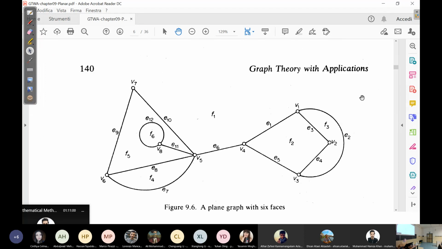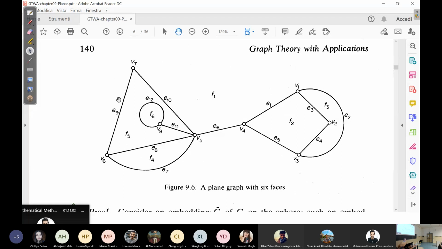So 9.6 is here. This is a plane graph, and the faces are F1, which is all around here, the exterior, unbounded face. And then F2 is this quadrilateral face. F3 is this, which is triangular, if you want to call triangular such a thing. And then F4, between these two parallel edges.